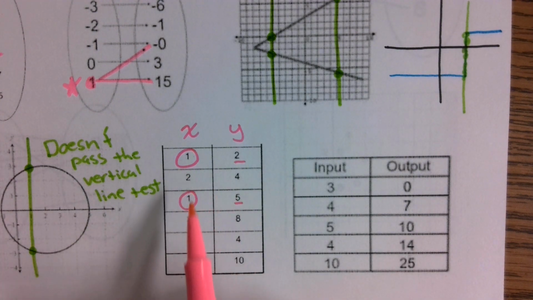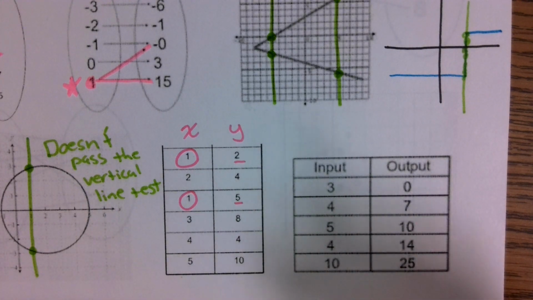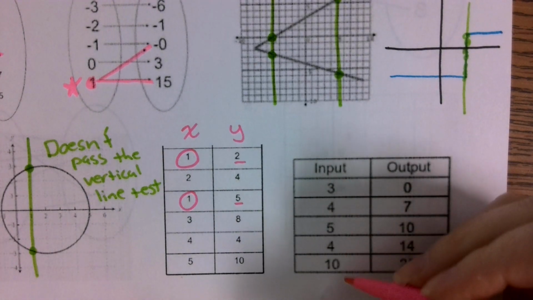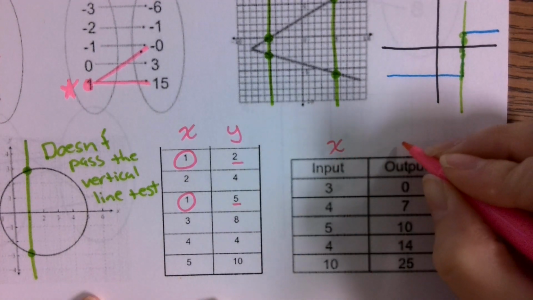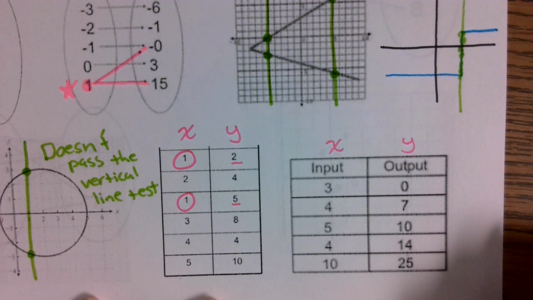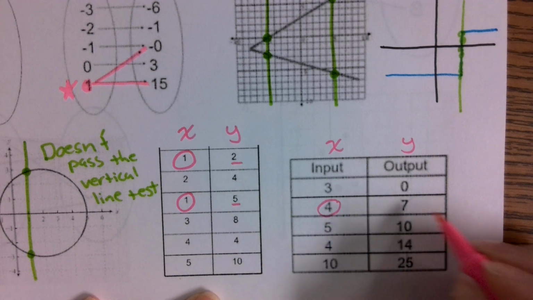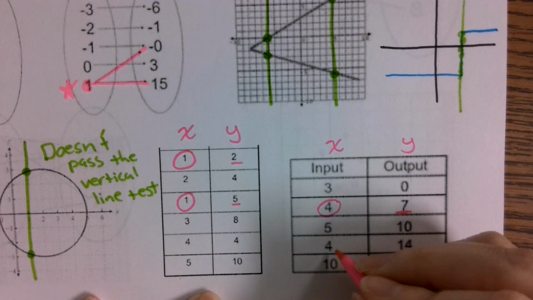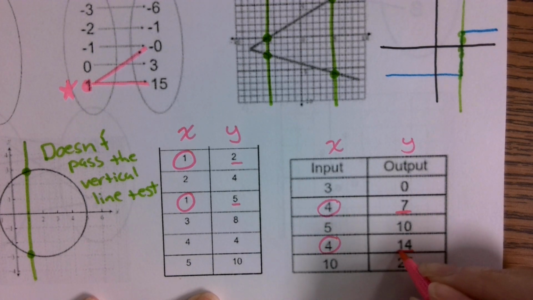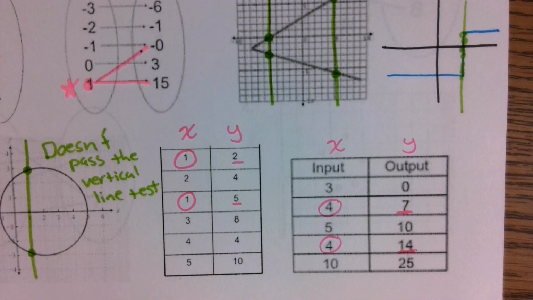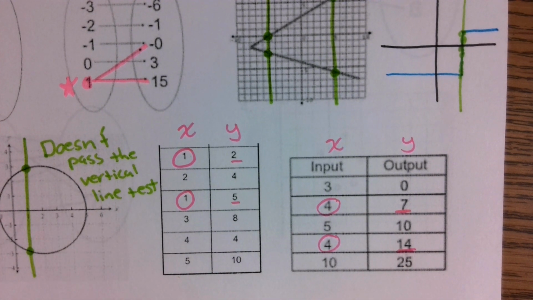You cannot have the x repeat and have different y values. Same thing for here with this input, which is your x, and your output, which is your y. You have a repeat with the 4 when your output is 7, and a 4 when your output is 14. Not allowed to happen. This makes it not a function.